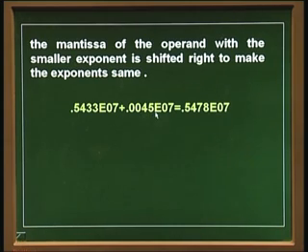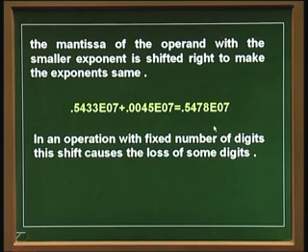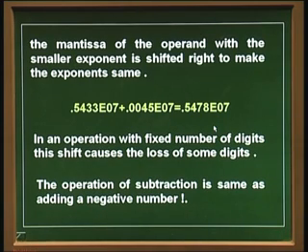The rest of it is gone, because we only have a finite number of digits, so we lost those numbers. Then we added. So we see that because of the finiteness of the number of digits, we have already lost something. We have introduced an error.